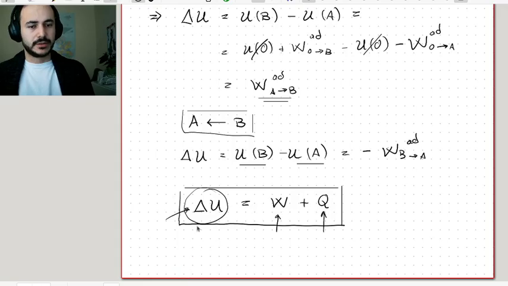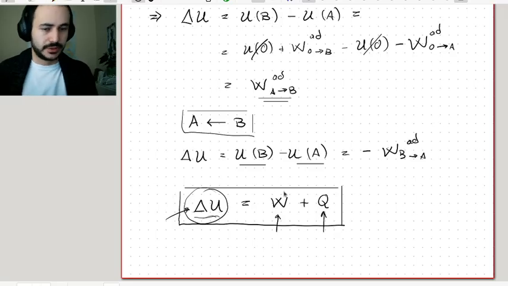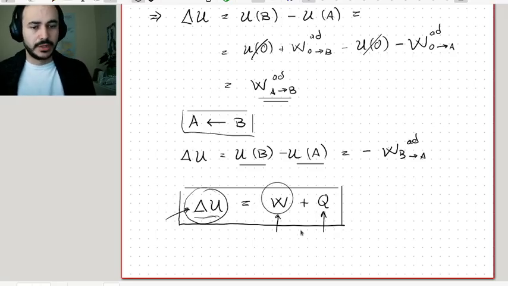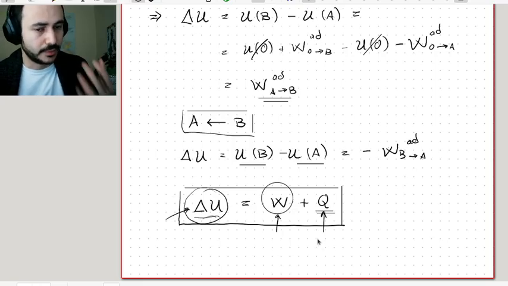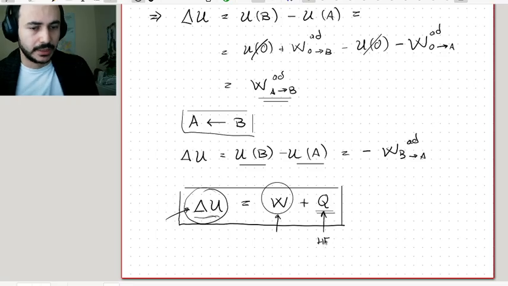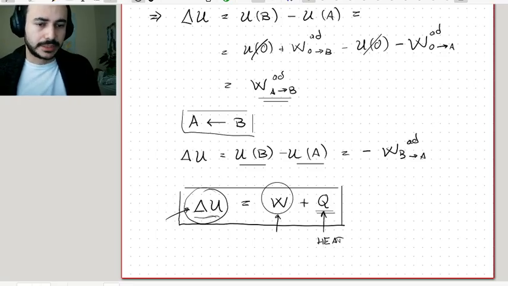If I want to know what this is, I put a proper adiabatic insulator on the system and do the process that takes me from the initial state to the final state. I measure the work, and I know what this is. The whole point is that if I do any other process which is not adiabatic, and I measure the work I do, I perceive that there is something missing to sum up to the total change in internal energy. And that something is going to be called heat. So this is the point in the course where we are going to properly define heat. Okay, so this will be in the next little bit of video.